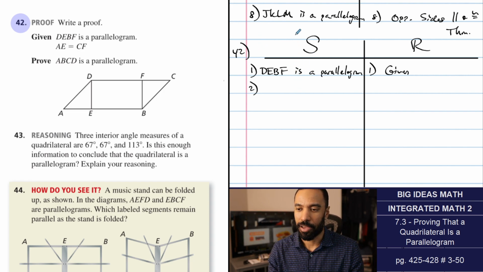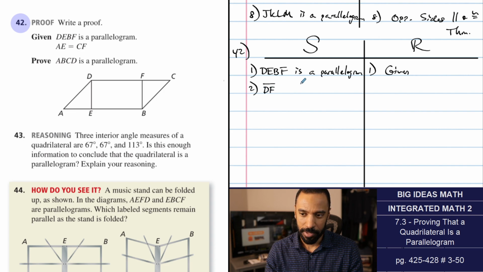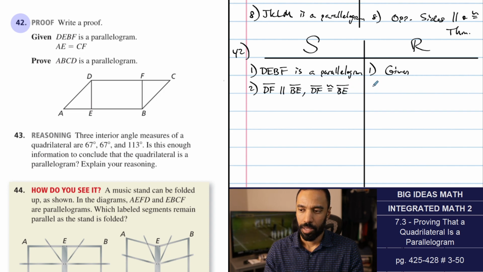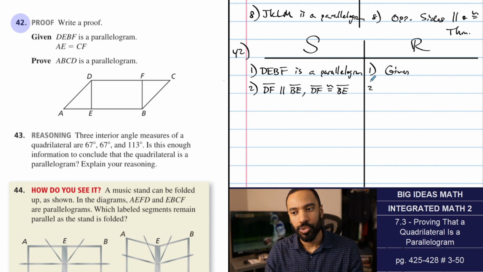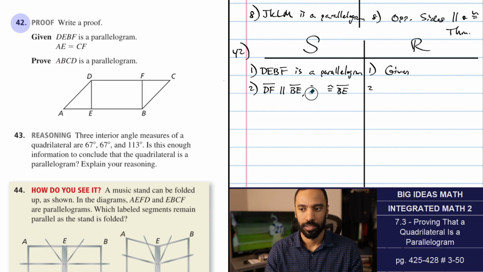Now, DF, I'm going to mark some things on here in a bit as well. But segment DF is not only parallel to segment BE, but they're also congruent. Those are two different reasons. Let me do that again. These are parallel by definition of parallelogram.